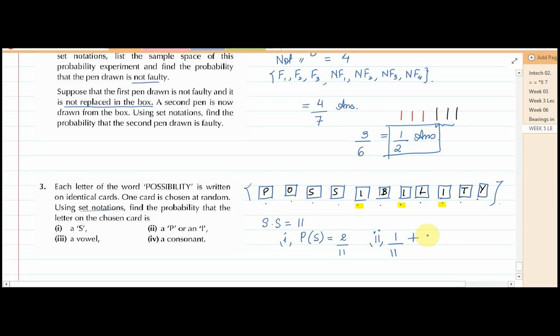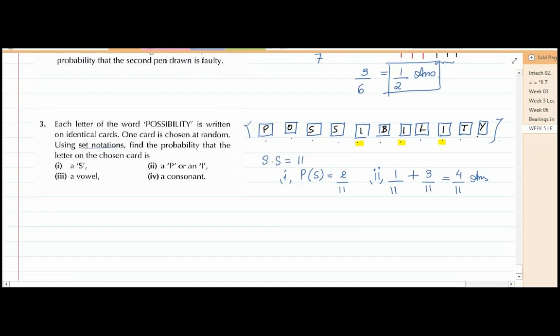So the possibility of I is 3 over 11. If you add them both, it's 4 divided by 11, and that is your answer, right?